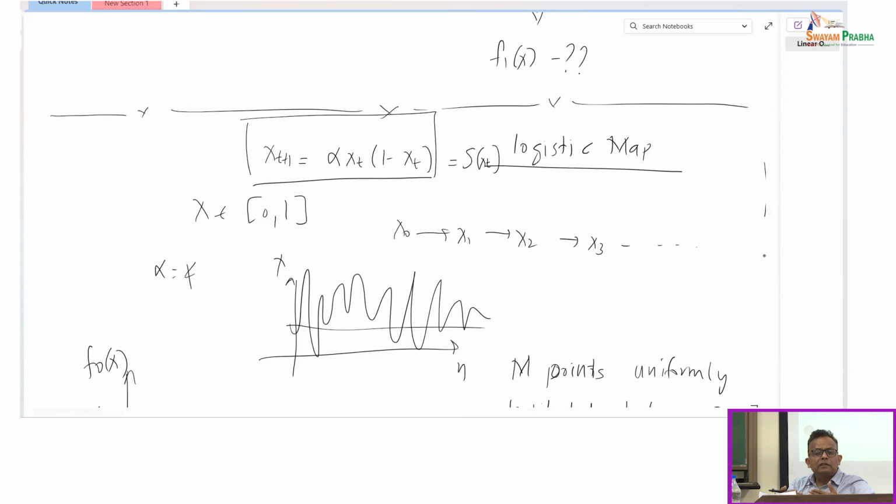So the uncertainty is not coming from noise, but from the fact that you don't know exactly what the initial condition of the system is. Does that make sense? So you are using statistical methods to describe a deterministic system. Not that the system is stochastic, not that the system has uncertainty, but you are still using statistical methods, because I'm looking at not one point but at the evolution of ensembles of points.